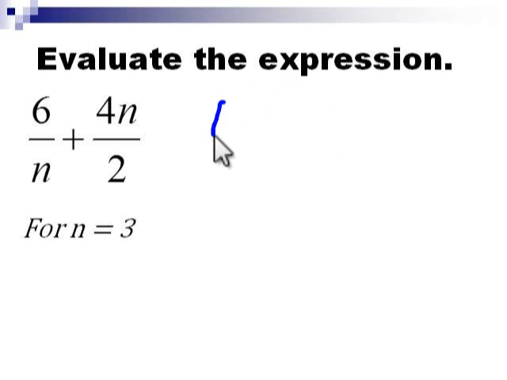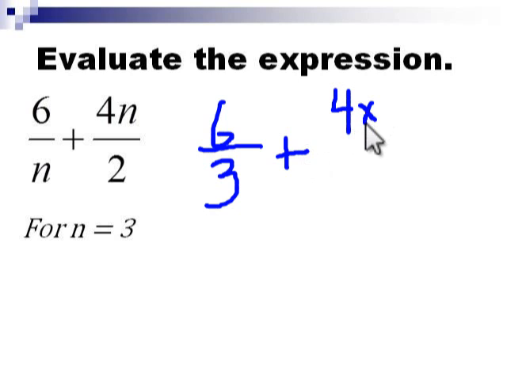So that means we have to write 6 over 3 plus 4. And now we're not in algebra anymore because we're replacing n, so we need to write our x for multiplication. Because if we don't write that, then it'll look like the number 43 instead of 4 times 3.